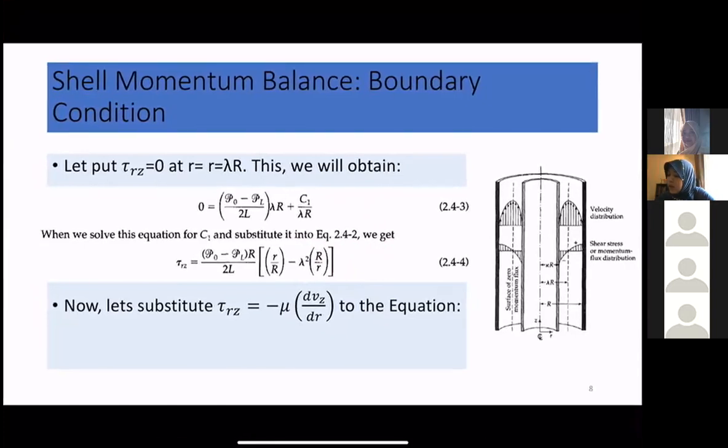Now that is the momentum flux profile. Now, how to get the velocity profile? Anyone? How to get the velocity profile inside the wall?